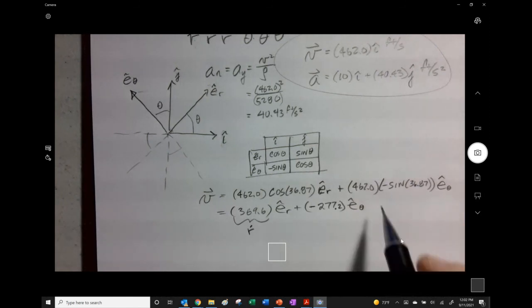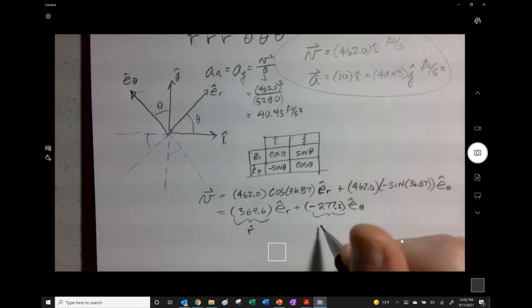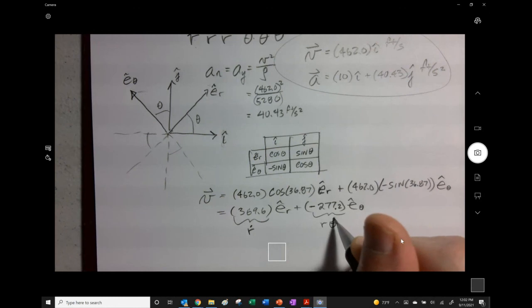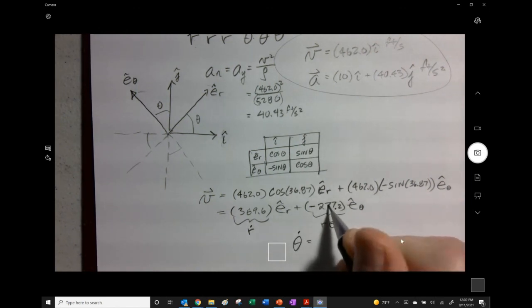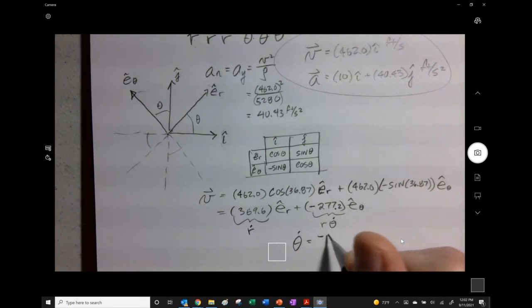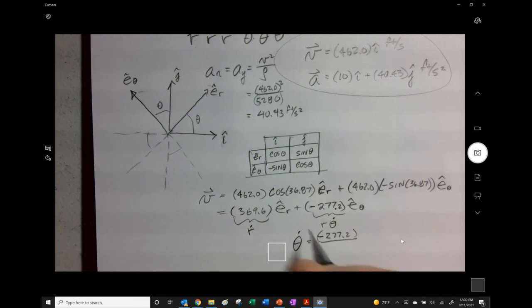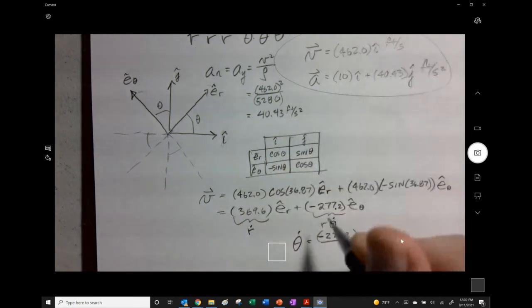Yep. And we know that this guy is r theta dot, from the equation. So we can solve for theta dot by taking this and dividing it by r, and our r was our 3,000, right? Yes.